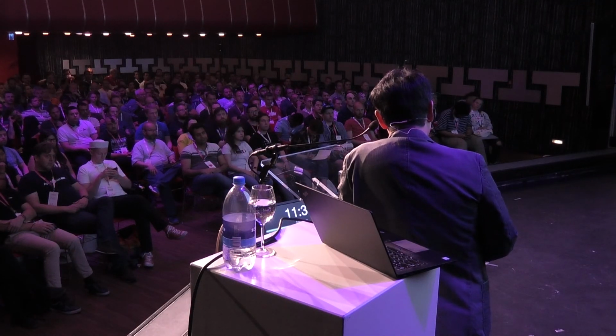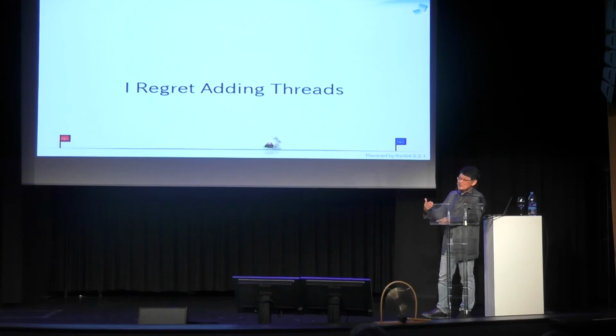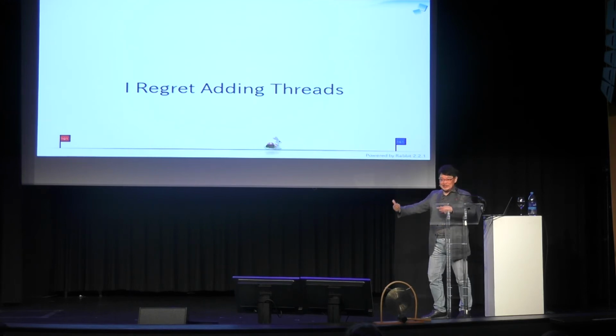Okay. The other way to improve performance is concurrency. Concurrency is hard. Remember, back in the 90s, when I created Ruby, usually the computer had one CPU. So we didn't have to care about multi-cores in those days. I lacked knowledge and imagination about threads.